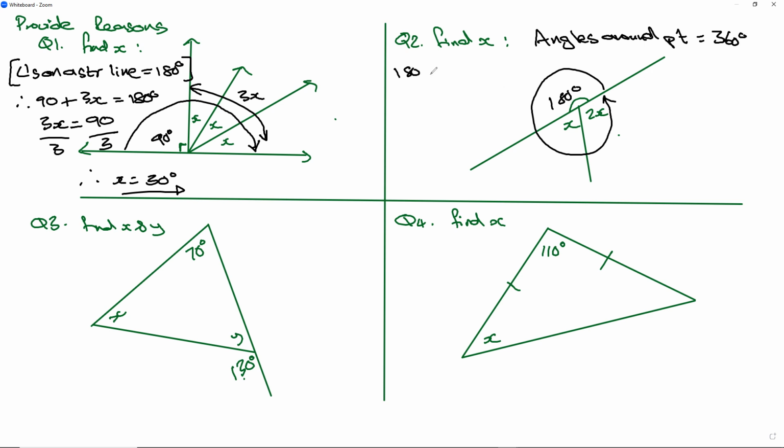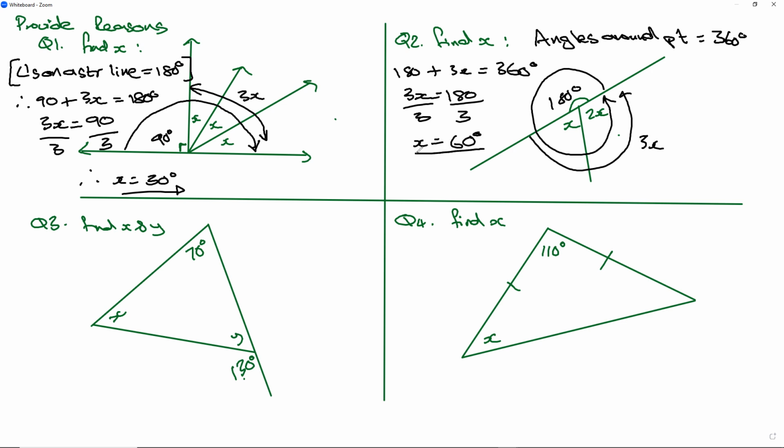So that means if I take 180 plus this part, which is 3x, it'll equal a revolution, 360 degrees. Subtracting 180 on both sides gets me 3x equals 180. Dividing by 3 on both sides gets me x equals 180 divided by 3 is 60. So in this case, x is 60 degrees.